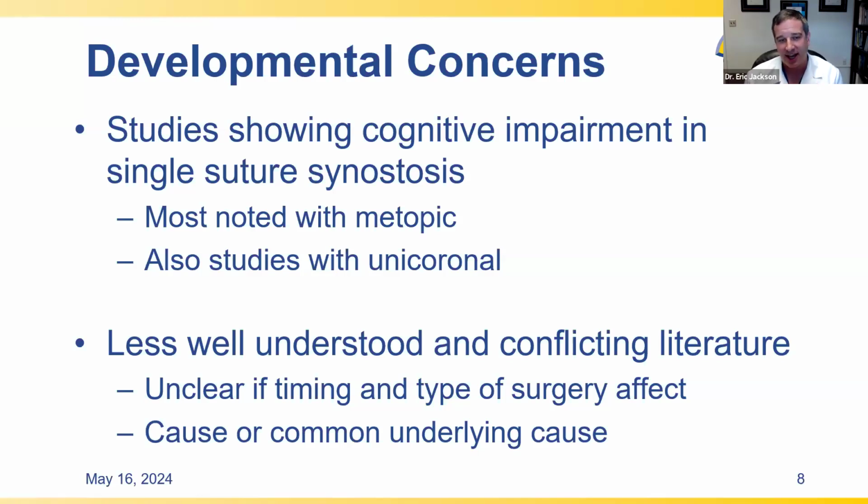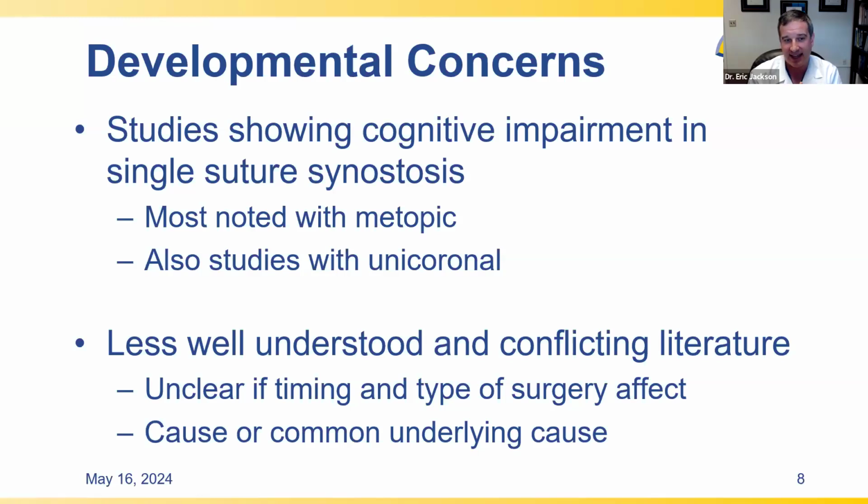As such, that plays into not knowing whether the timing or the type of surgery can affect the delays. Obviously, if it is the synostosis itself that's contributing, then the sooner you treat that, the more likely it is that you're going to get benefits from that.